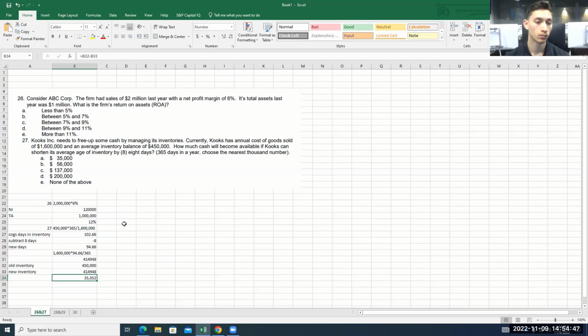But yeah, they may switch the question between inventory turnover and receivable turnover. So if this had been receivables, you would do the exact same thing, except you would use sales instead of cost of goods sold and use accounts receivable instead of inventory, and you would have gotten the same result. They would have given us the accounts receivable number and sales instead of cost of goods sold.